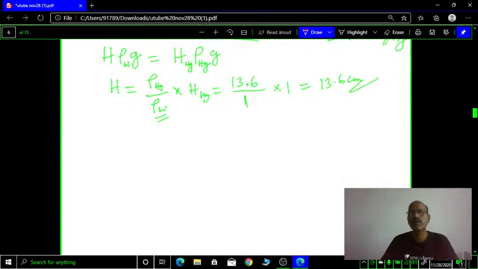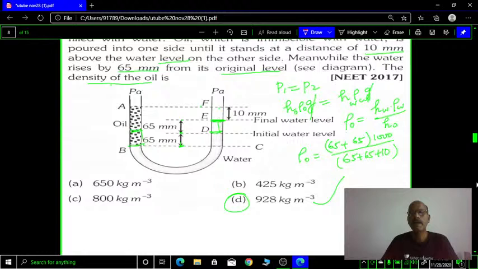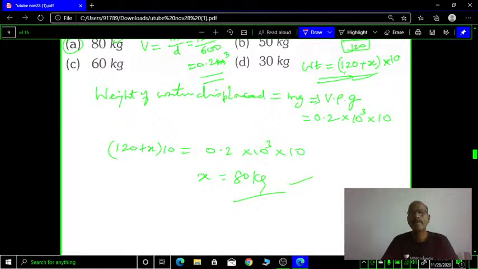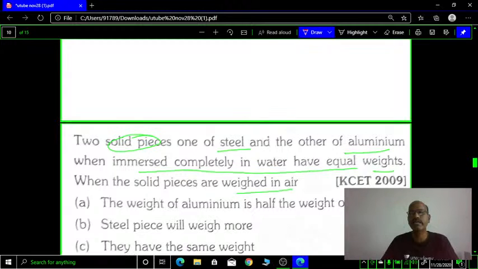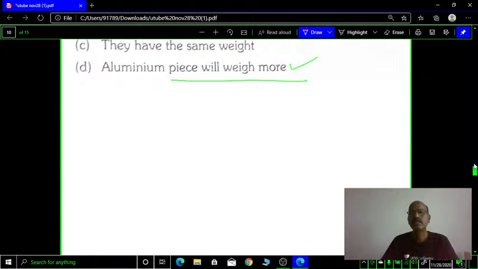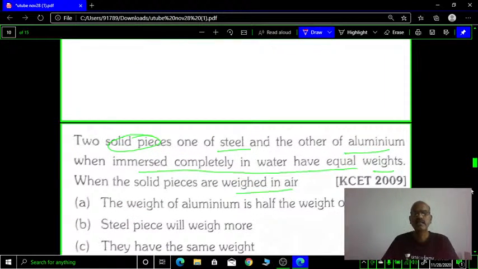Just the last problem. Yes, here just a correction, make it right.